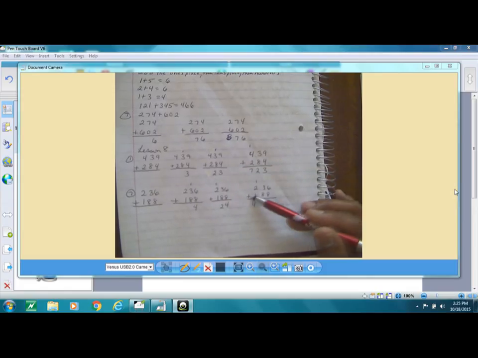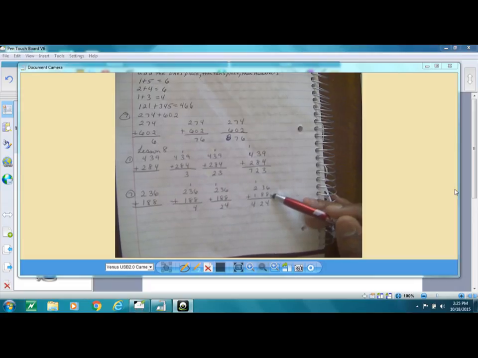So 236 plus 188 equals 424. I'm making all kind of errors. The answer, what I wrote is correct, what I said is incorrect. 236 plus 188 equals 424.